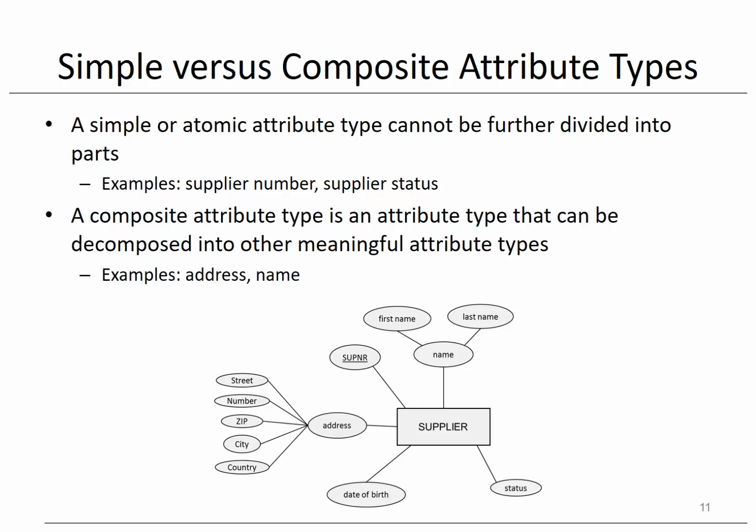Think about an address attribute type, which can be further decomposed into attribute types for street, number, zip code, city, and country. Another example is name, which can be split into first name and last name. The figure illustrates how the composite attribute types address and name are represented in the ER model.